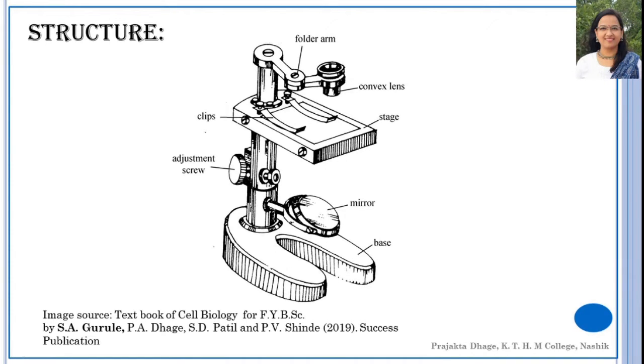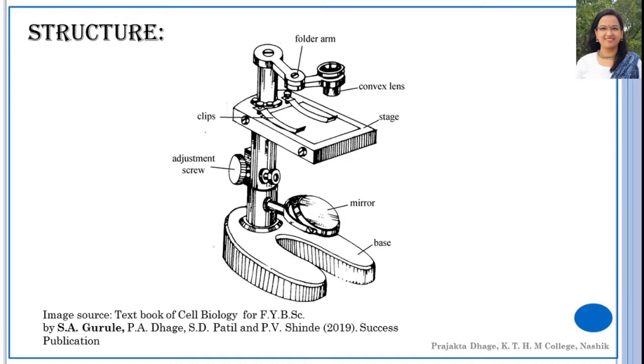Optical part of a simple microscope is composed of a single convex lens which magnifies the object and produces the image. The ocular lens used is either 10x or 20x.